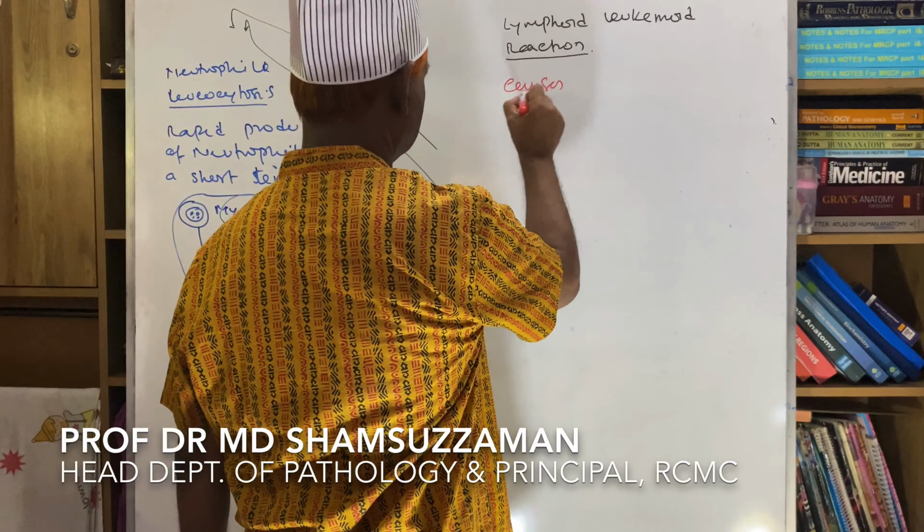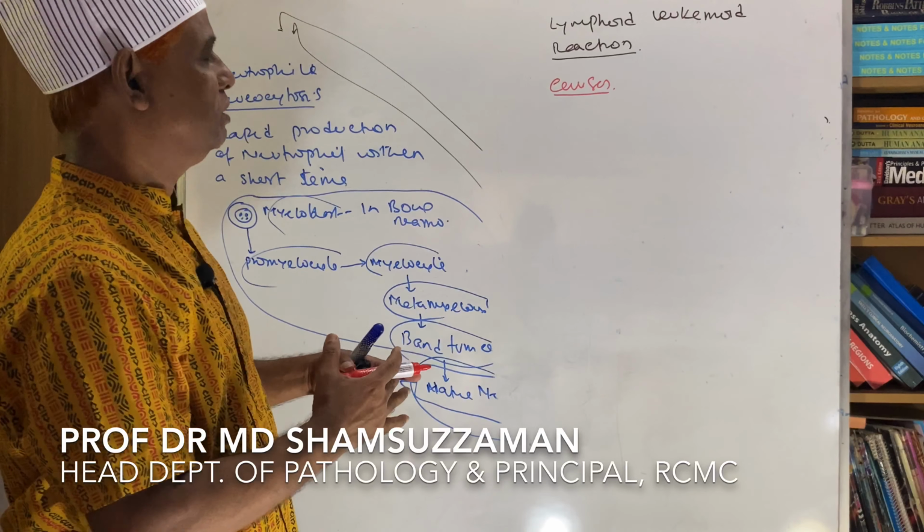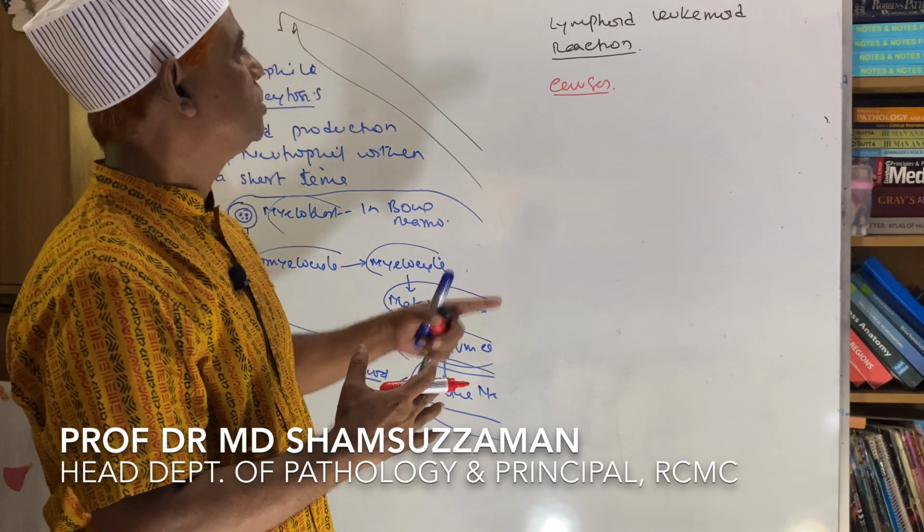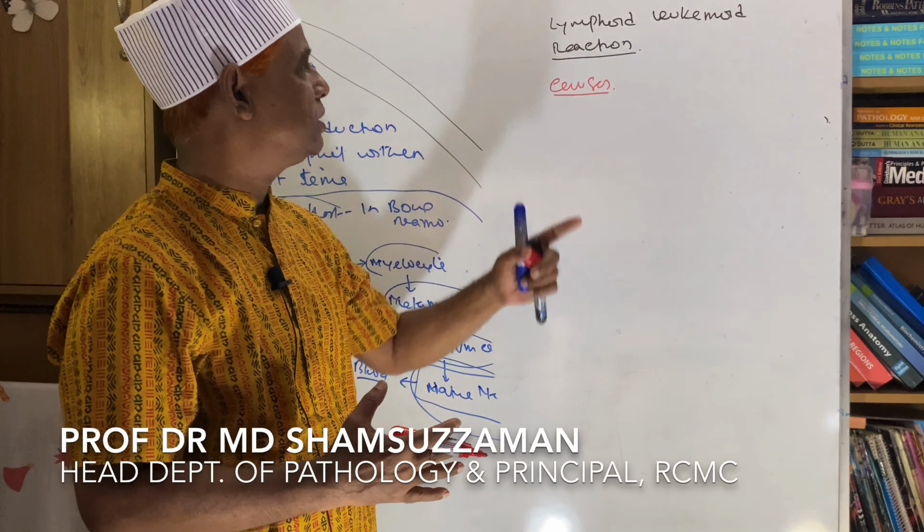I have told you that in myeloid leukemoid reaction, the diseases or situations where there is overproduction of neutrophils within a short time are the causes. So what are the causes of lymphoid leukemoid reaction?